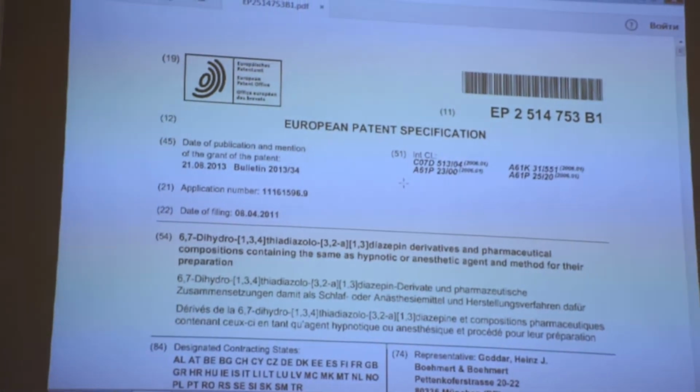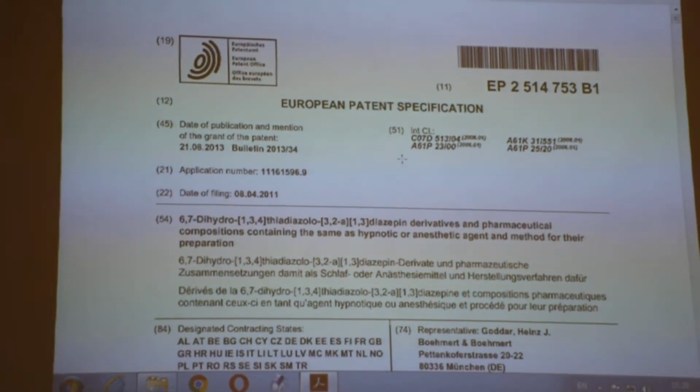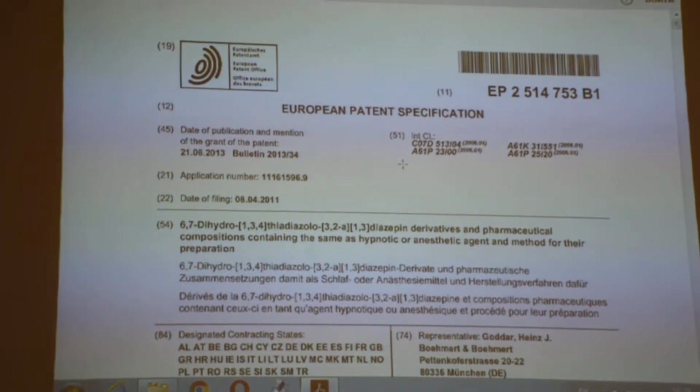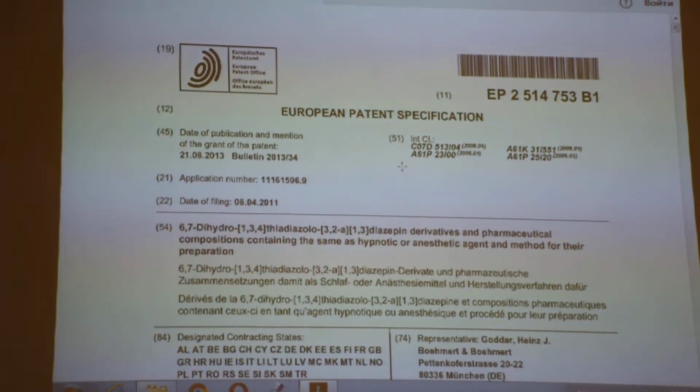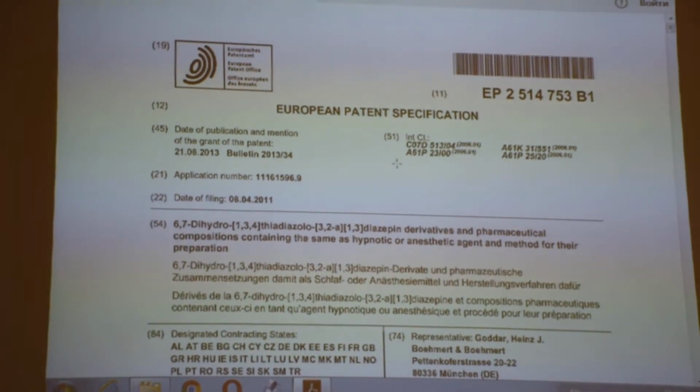But if you see P here, it means it has been issued, and the title will be modified into European patent specification. This means you are under the protection. You publish it everywhere and nobody can touch it without your kind permission.